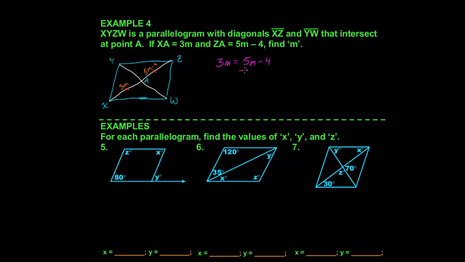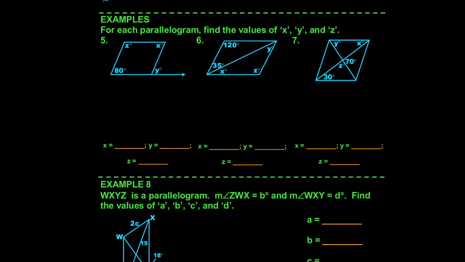I'm going to move my m's over so I can get like terms. Subtract 5m, negative 2m equals negative 4. Divide by negative 2, divide by negative 2. That will leave you with m equals positive 2. That's what it's asking for. It wants us to find m. So, problem solved.